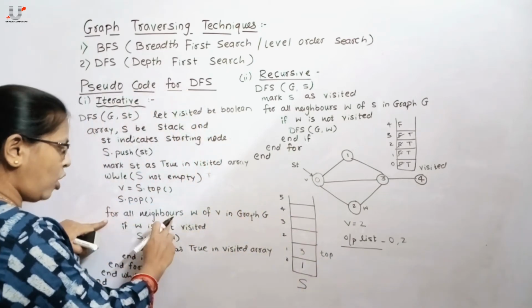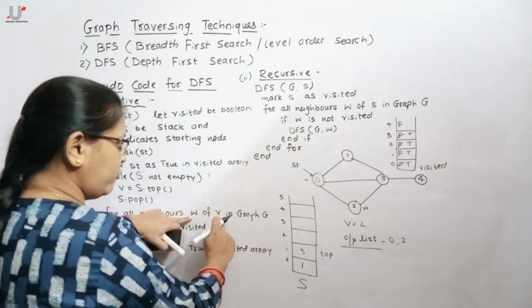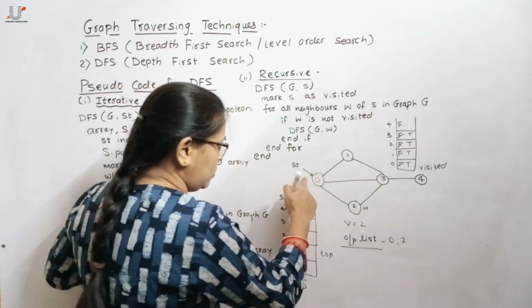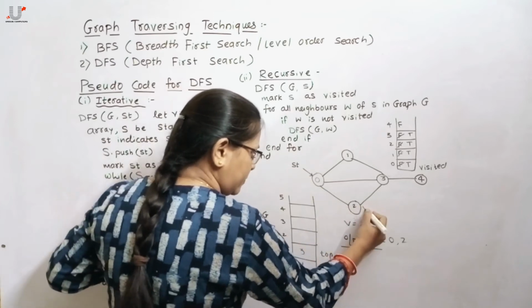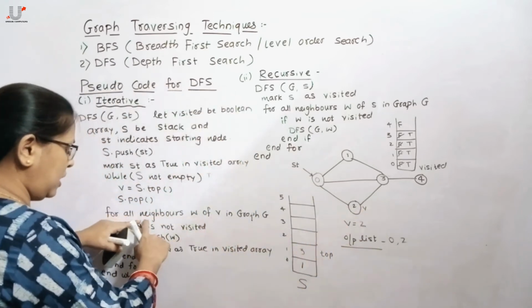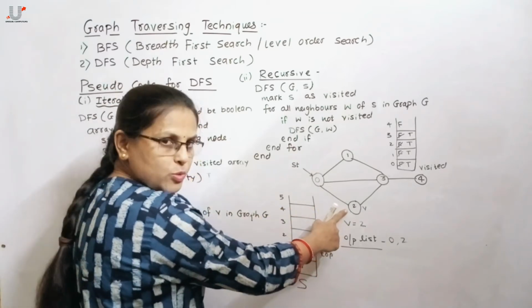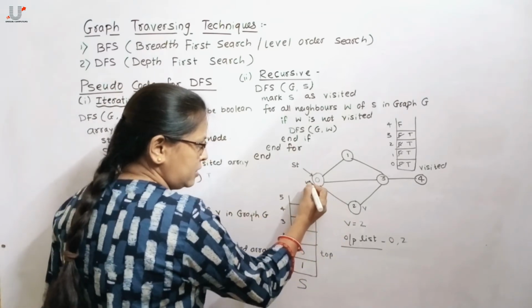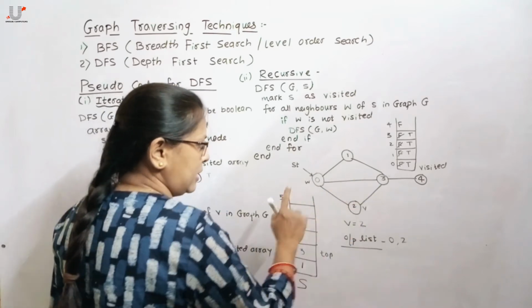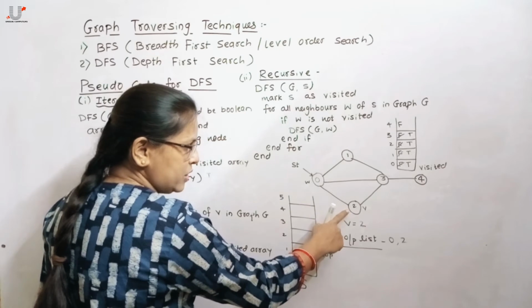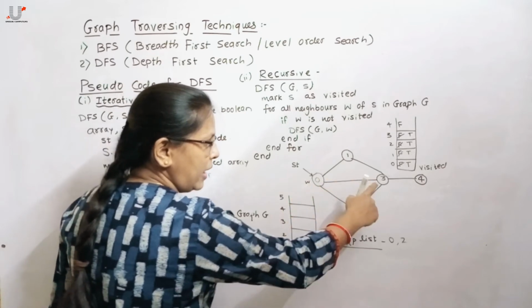Then for all neighbors w of v, here v is currently 2. Now this is v, and we have to go through all the neighbors of this v. The neighbors of these two are 0 and 3.